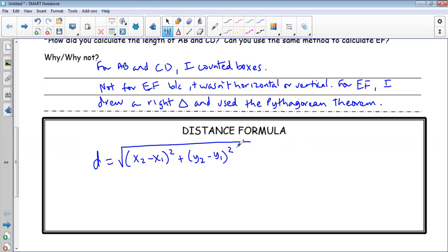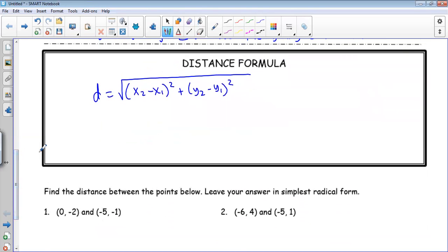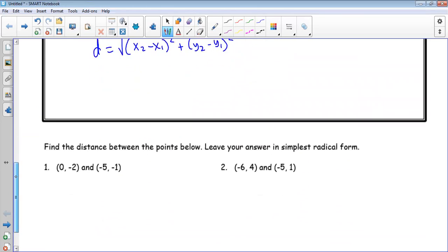I can show you in extra help, or you could just look it up on a video online and you will see it. I'm not going to do that right now for this lesson, but it is not a bad derivation at all. It really is just using the Pythagorean theorem. And you need to memorize that. So now we had slope you had to memorize, midpoint, and now the distance formula. D is equal to the square root of x2 minus x1 squared plus y2 minus y1 squared.